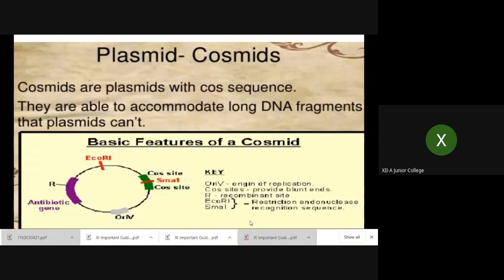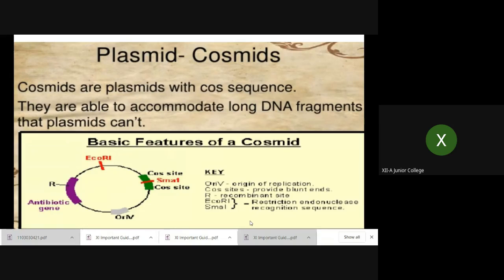Its number of base pairs is more than plasmids, so it can accommodate long DNA fragments, which plasmids can't. Because the size of the plasmid is small, it can accommodate foreign DNA of a particular size only. But cosmids are larger than normal plasmids, so they can accommodate long DNA fragments also.